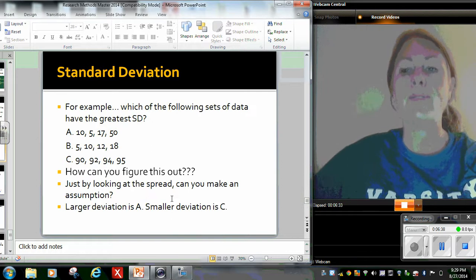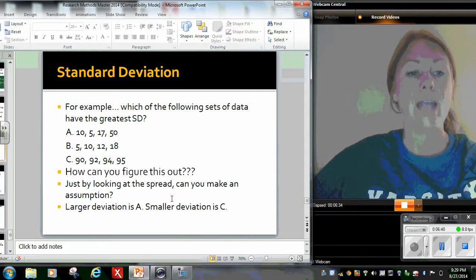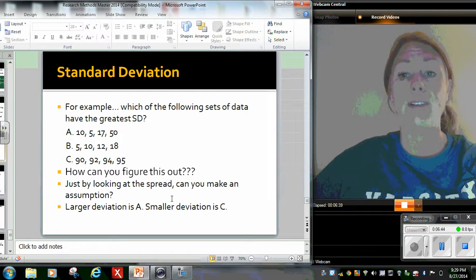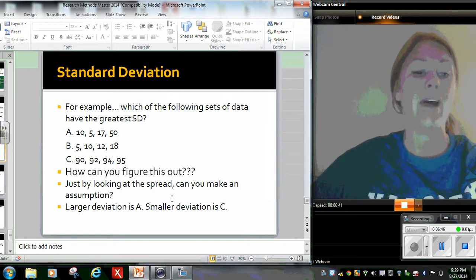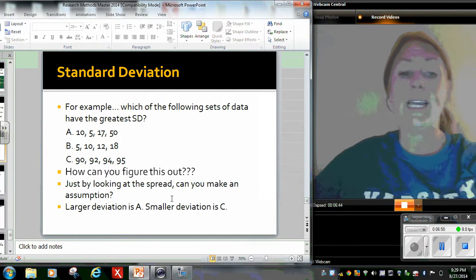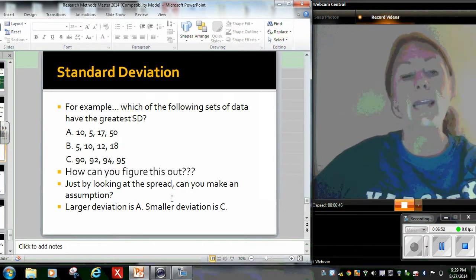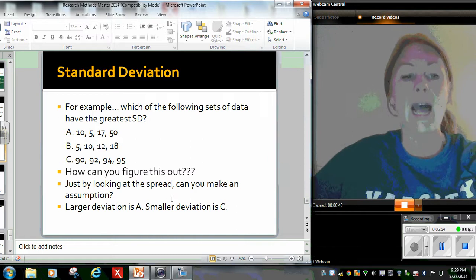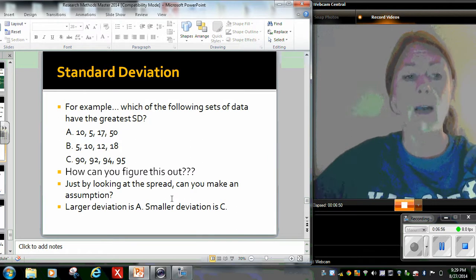Here's an example of something you may see. For example, which of the following sets of data has the greatest standard deviation? 10, 5, 17, 50, 5, all the way up to 18, and 90 to 95. So stop. How can you figure this out? If you look at the spread, you can start making an assumption.